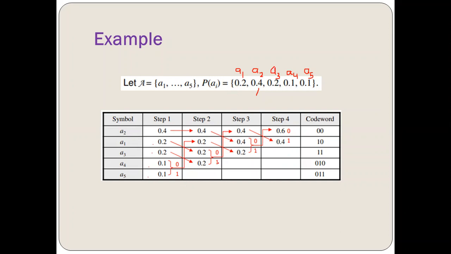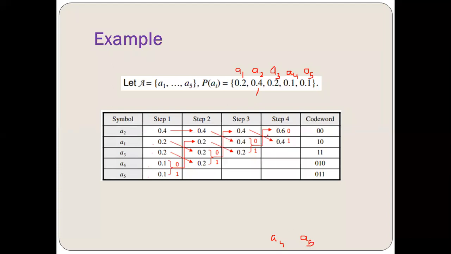Now we are going to take the least probability symbols and add them. The two symbols of least probability are A4 and A5. I'll just let you know how to make the tree as well, right?